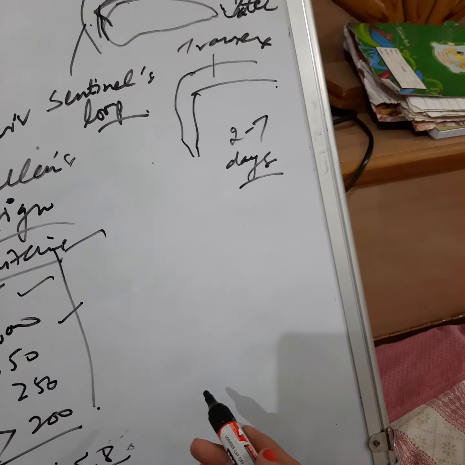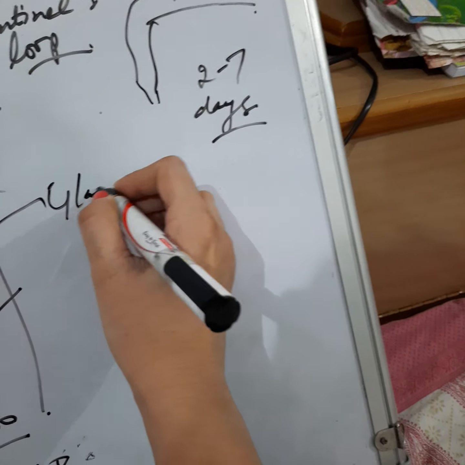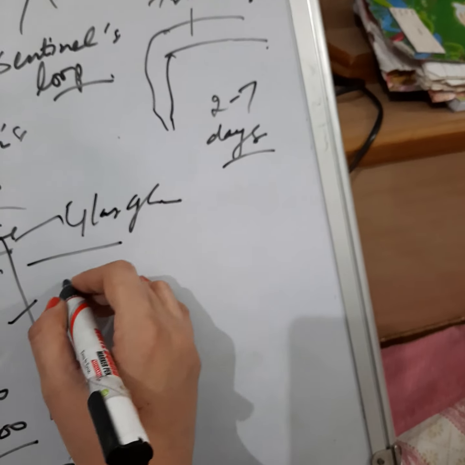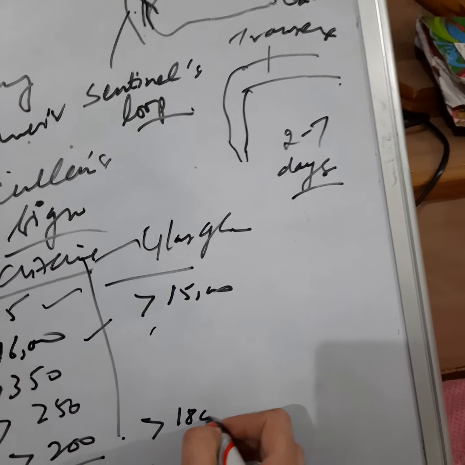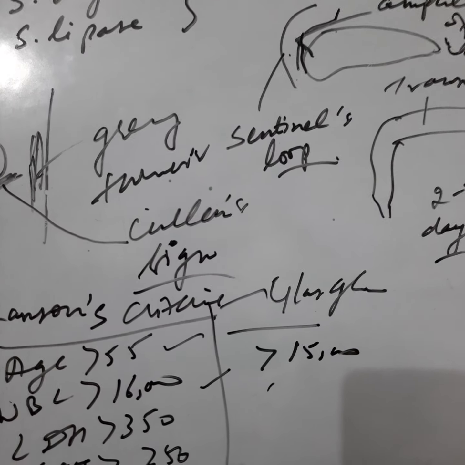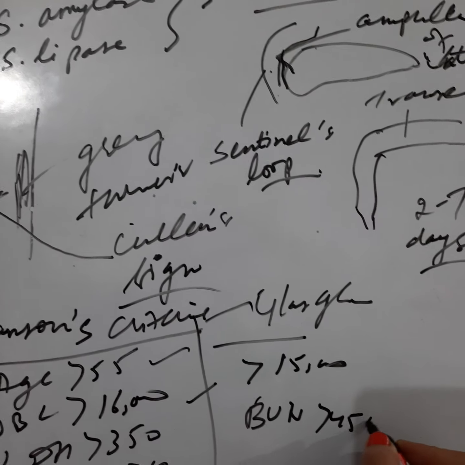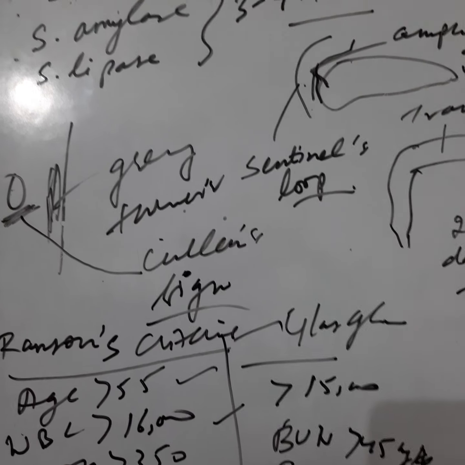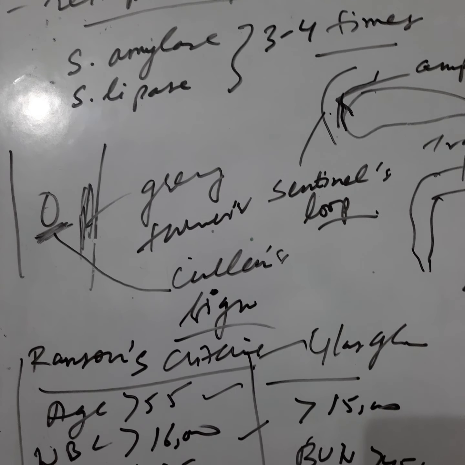There is one more criteria in which the Glasgow scoring system is used, in which the age is the same, WBC is more than 15,000, blood glucose is more than 180, calcium is less than 8, and blood urea nitrogen is more than 45 milligrams per deciliter, or partial pressure of oxygen is less than 60 mm of mercury within 48 hours.